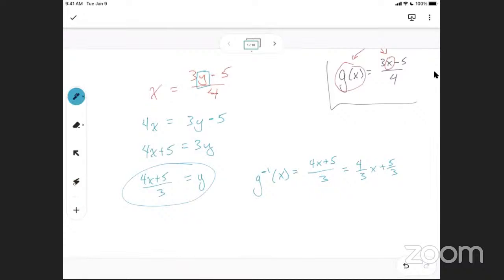Now, if you wanted to graph, it didn't ask you to graph, but let's graph it anyway. If you wanted to graph these two functions, you'll notice something when you graph them. Actually, let me rewrite this and use your graphing calculator. This original one up here on the right is 3/4 x minus 5/4, right?